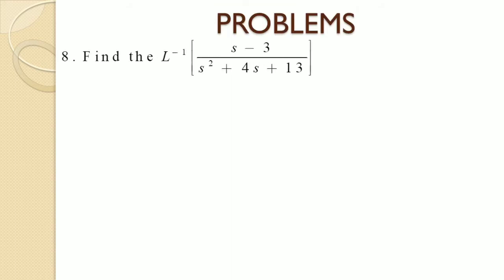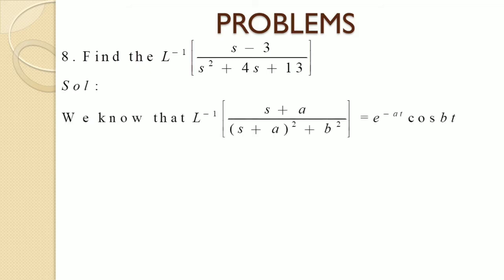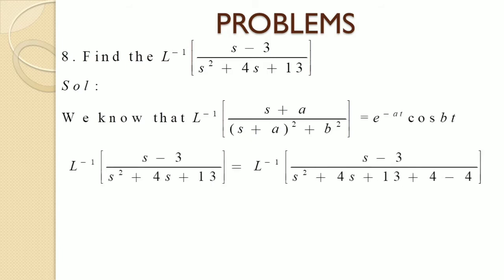Next problem, find the L inverse of (s minus 3) by (s squared plus 4s plus 13). We know that L inverse of (s plus a) by ((s plus a) the whole squared plus b squared) is equal to e power minus at cos bt. So now trying to write the numerator and denominator in this form. This can be written as L inverse of (s minus 3) by (s squared plus 4s plus 13).